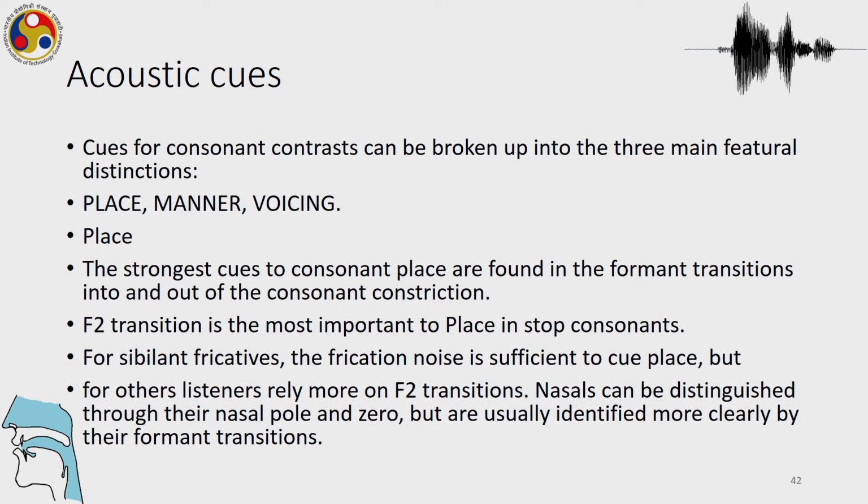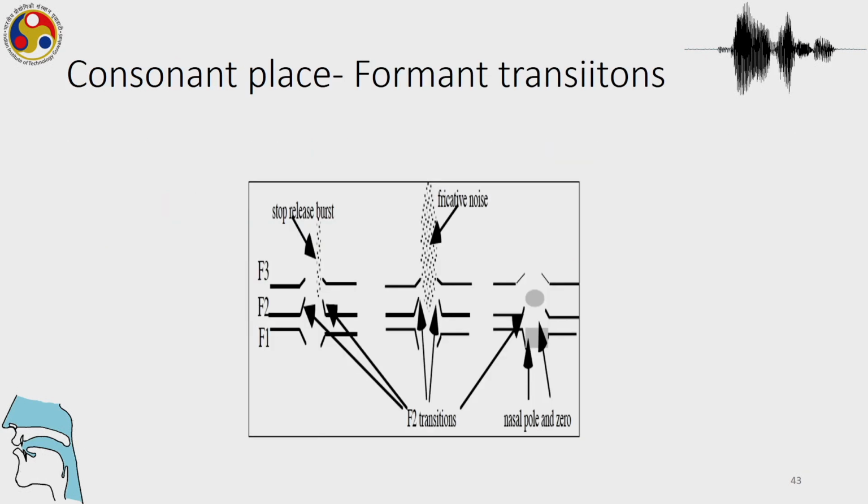Nasals can be distinguished through their nasal pole and zero, but are usually identified more clearly by the formant transitions. So, we had actually discussed these things when we discussed acoustic phonetics. So, here are the F2 transitions for stops, and also for fricatives and for nasals. So, these 3 are important.